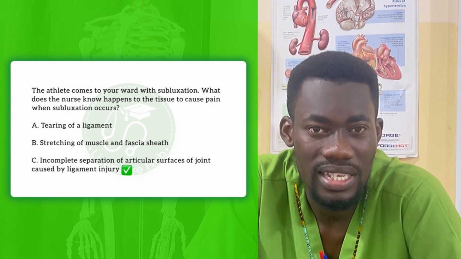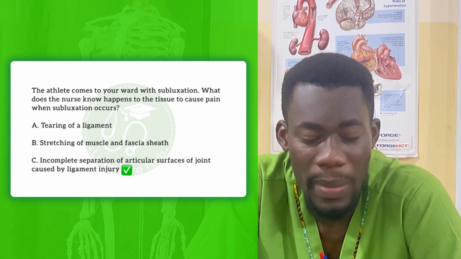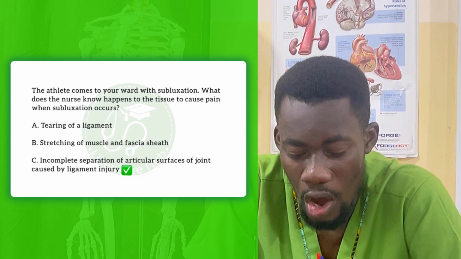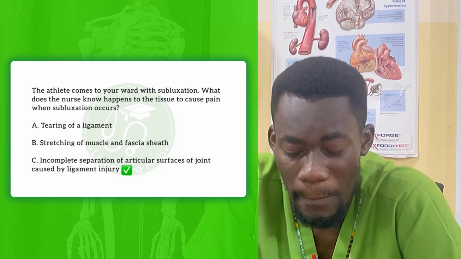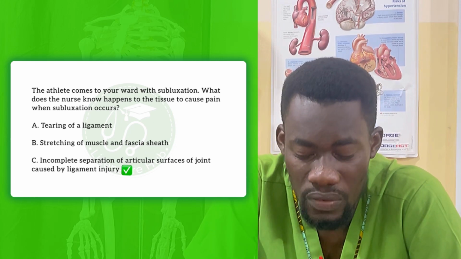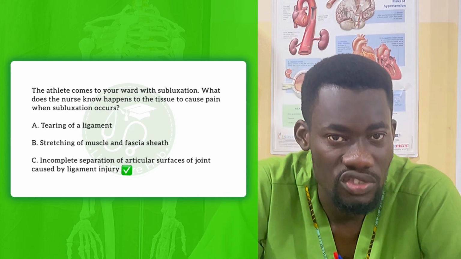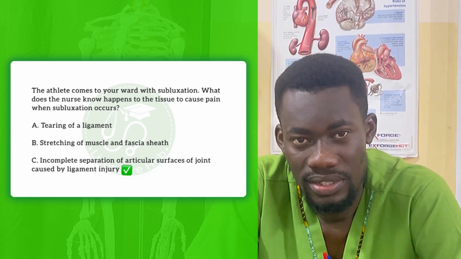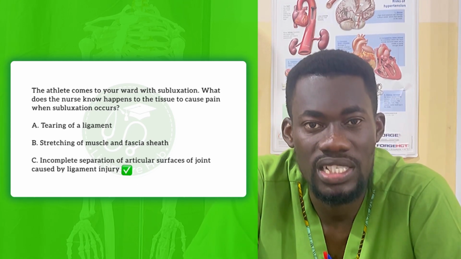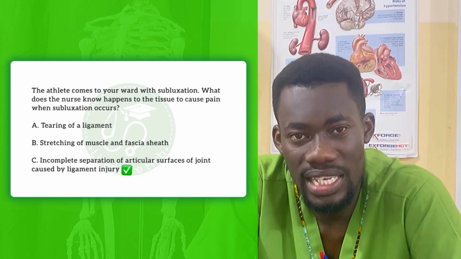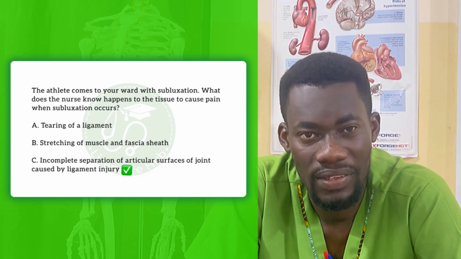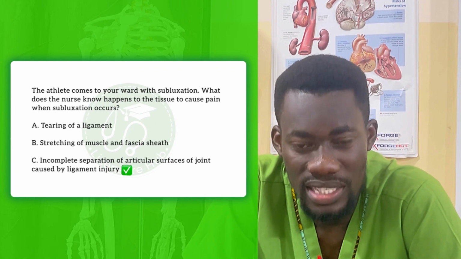So option A is not part of our answer. It's not part of what you are looking for. Option C is saying that incomplete separation of articular surfaces of joint caused by ligament injury. Yes, this defines what subluxation is. And so the correct answer here is our option C, as defined by subluxation.